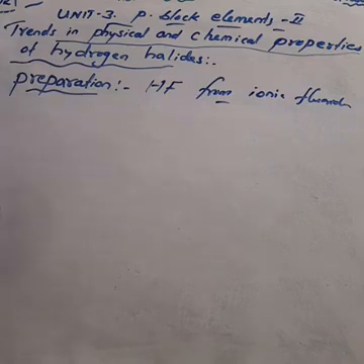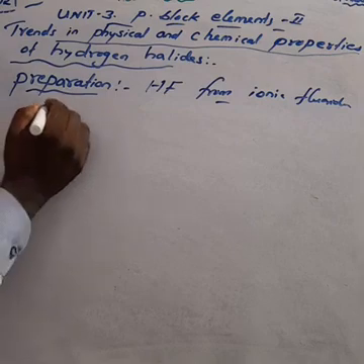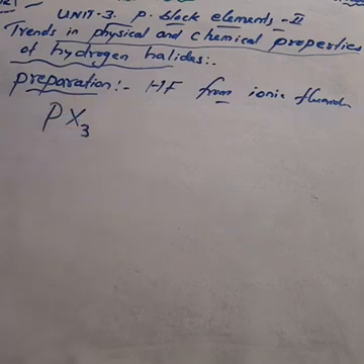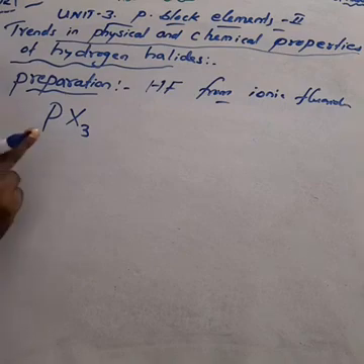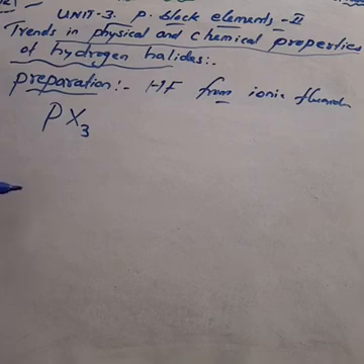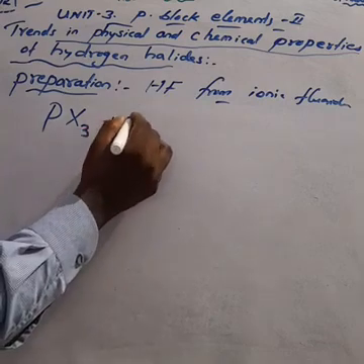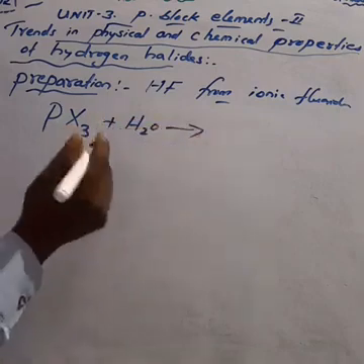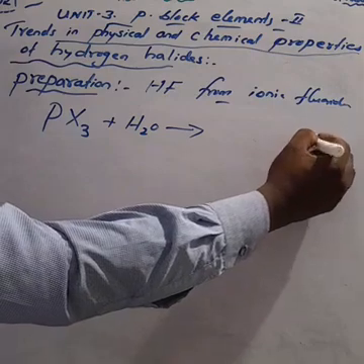Next, the hydrolysis of phosphorus trihalide. Phosphorus trihalide undergoes hydrolysis. We know that phosphorus trichloride undergoes hydrolysis to give phosphorous acid and hydrogen halides. That is, hydrogen combines with the halogen to form hydrogen halide.